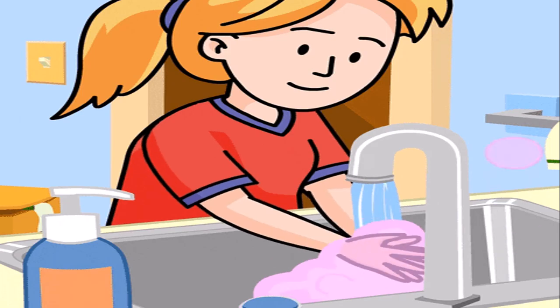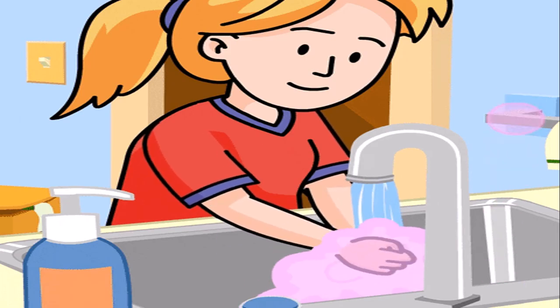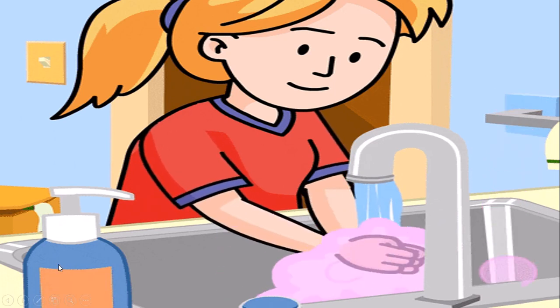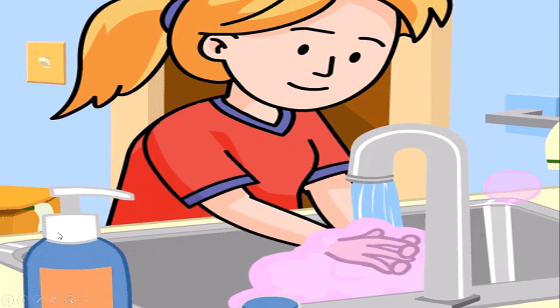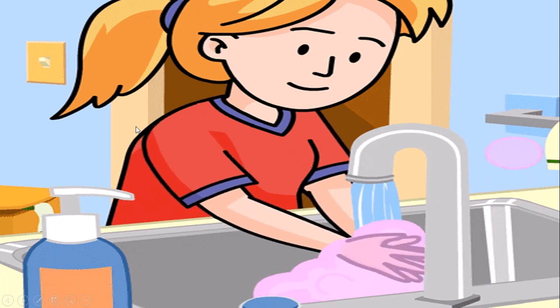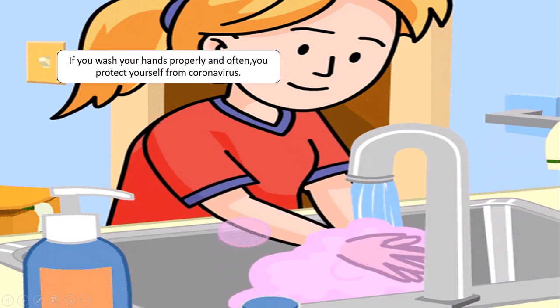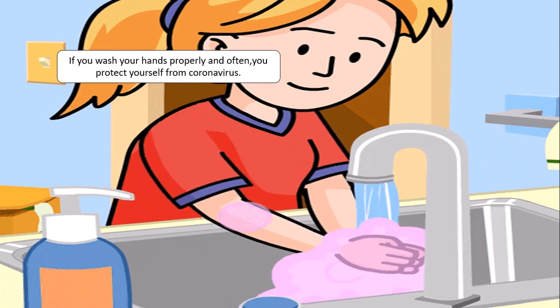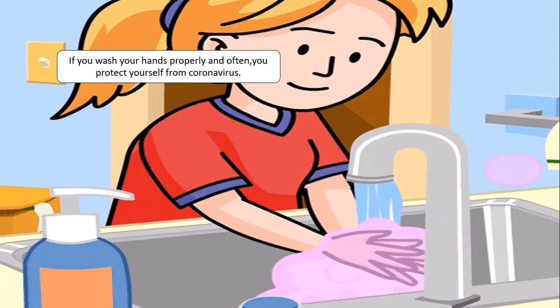Another example, or the last example, is about this girl who is washing her hands. And of course, she is using this hand sanitizer. We can say, if you wash your hands properly and often, you protect yourself from coronavirus.